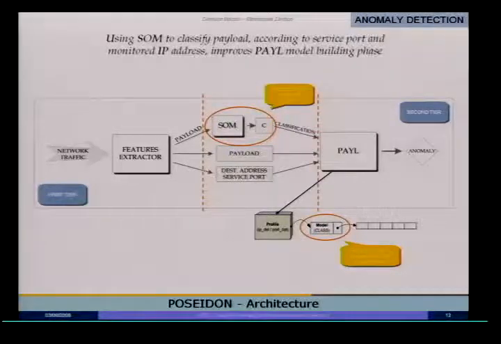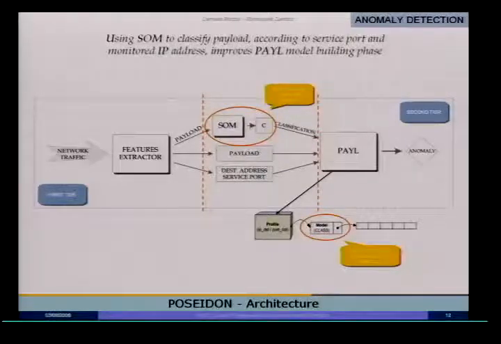First for training the PAYL algorithm, and then for detection. So two different training phases are needed. But it is important to note that for updates, so when the network environment changes, if the amount of the change is small, we can only retrain PAYL models without retraining the self-organizing map.